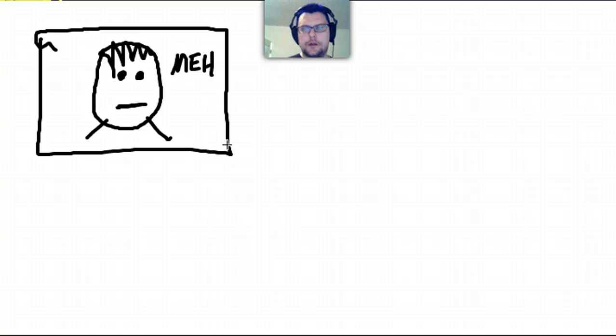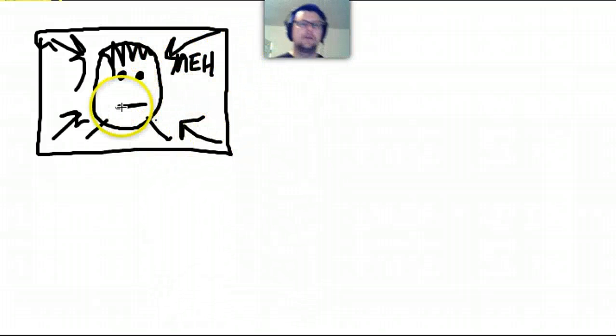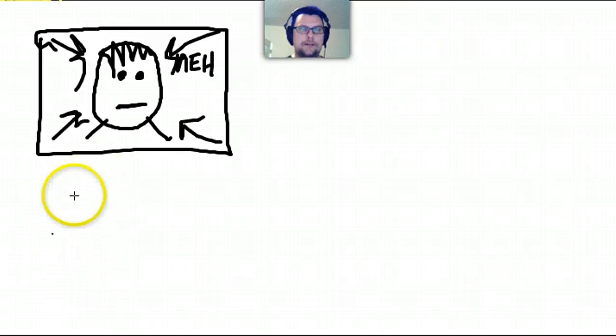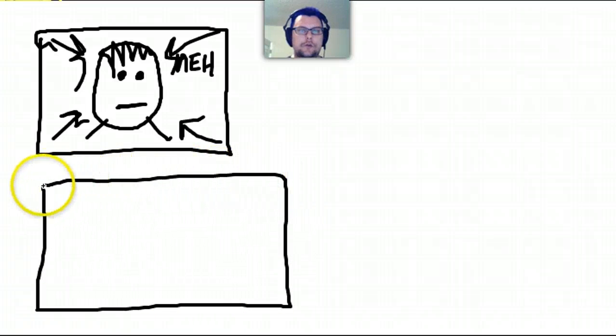And that's pretty good when you want to do things that are not charged at all, not having any kind of emotional impact or wanting to make the audience feel anything. So this is the mindless zombie frame of meh, okay, there's a dude in the middle, and that's where he is.